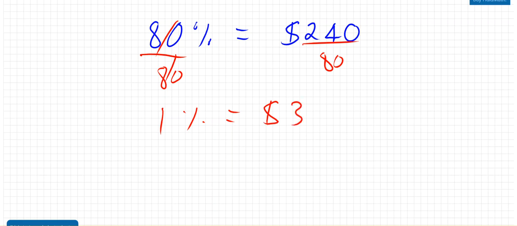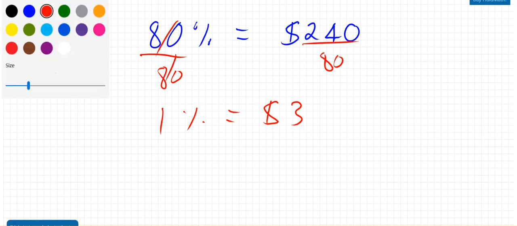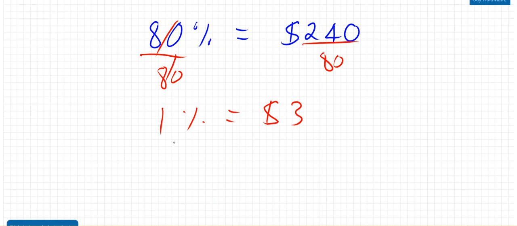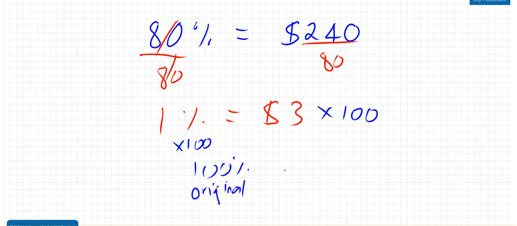So now to work out the original price, remember, original price is always at 100%. So turn that 1 into 100%, times it by 100. What you do to one side, you must do to the other. So 100%, which is the original price or cost price, is equal to, well, $3 times 100 is $300. And that's your answer.